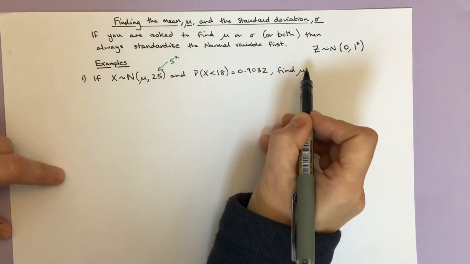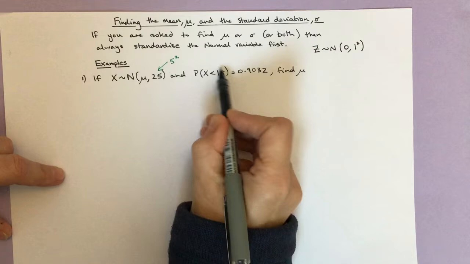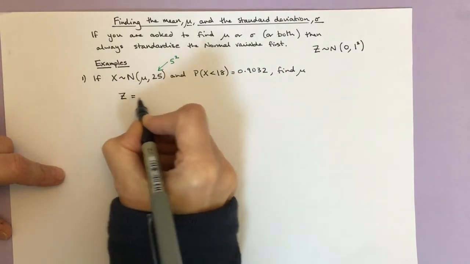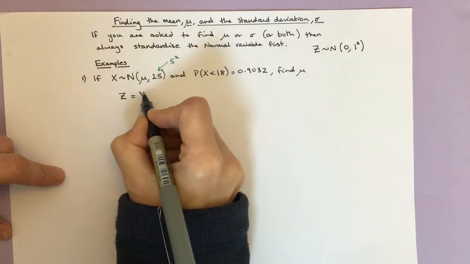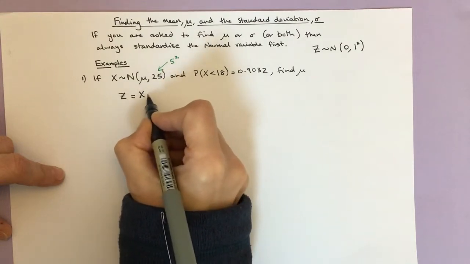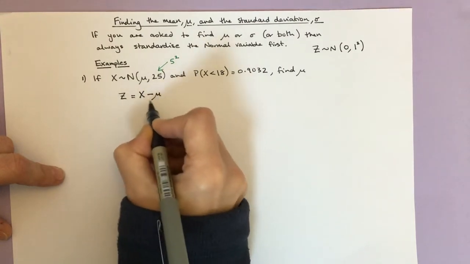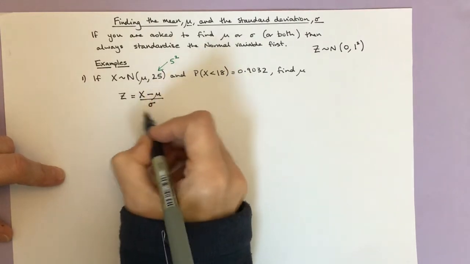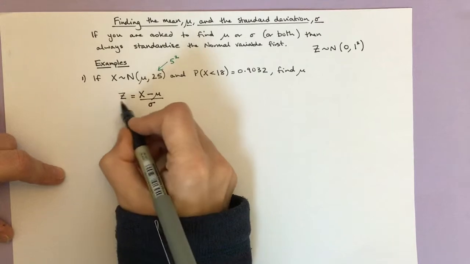Okay, so we need to start off by standardising this normal variable. And what we did, if you remember from Friday, to standardise any normal variable, we need to subtract the mean and divide by the standard deviation. So this is just a bit of coding to get us this variable z.